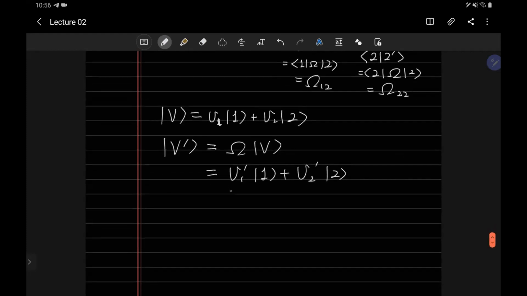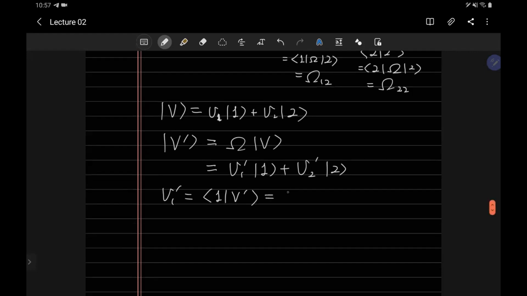Then the question is, what's the formula, or how can we find this v sub 1 prime? The answer is that v sub 1 prime can be found by just taking the inner product between one of the basis vectors in the original space and v prime. And we also know what this v prime is.